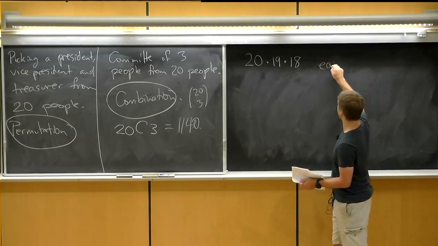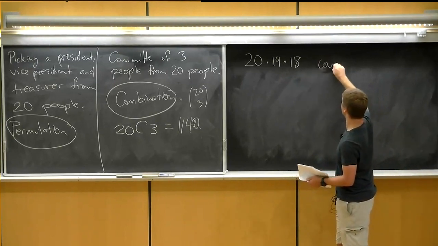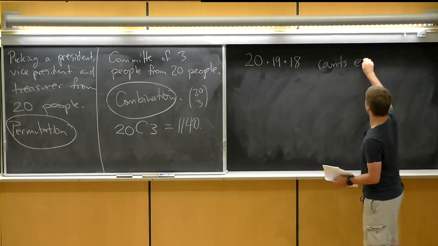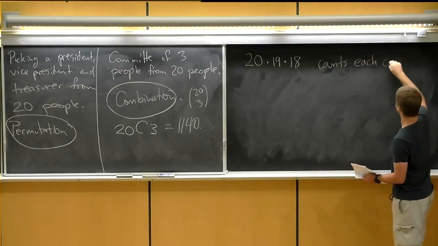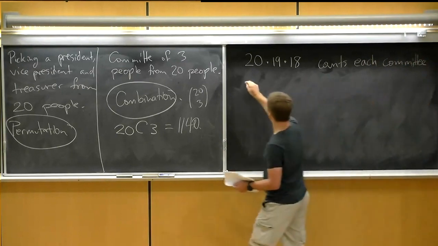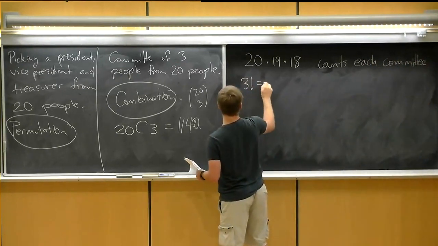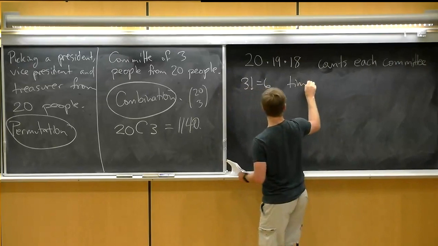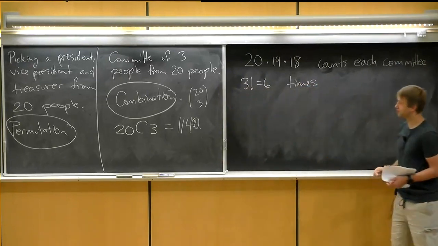So this counts each possible committee 3 factorial, which is 6, times.